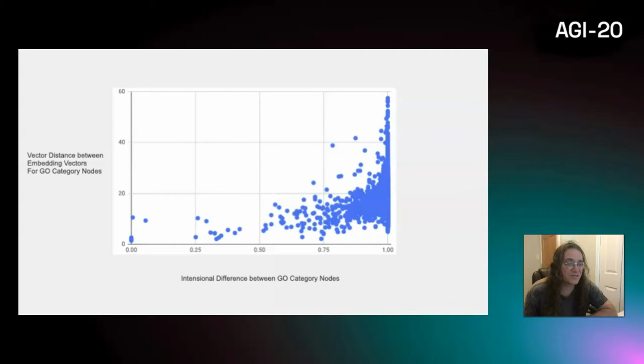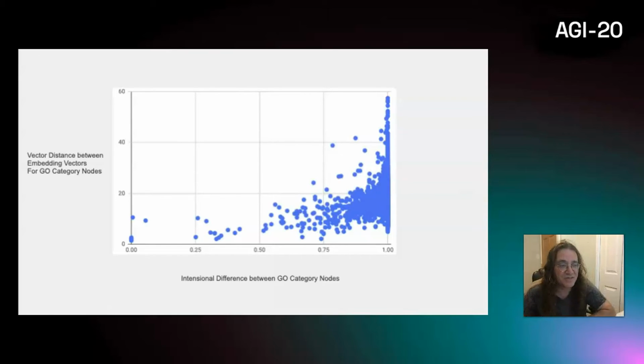mostly a vaguely linear correlation. Now, when the intensional difference, as we were measuring it, is 1 or very close to 1, that means the two nodes basically have no properties in common. And what you see in this graph is when the nodes have no properties in common, or almost no properties in common, then the vector distance could be anything. Like, the embedding is not putting them all far apart, it's putting some close, some far.